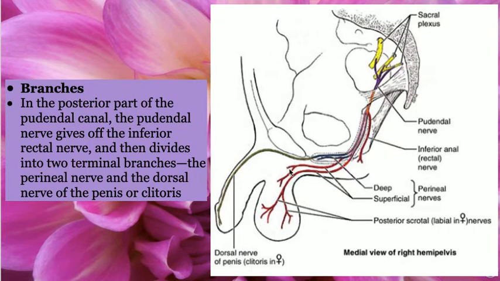Branches in the posterior part of the pudendal canal, I will repeat again, we have the inferior rectal nerve, then it divides into two terminal branches, the perineal nerve and the dorsal nerve of the penis or the clitoris.